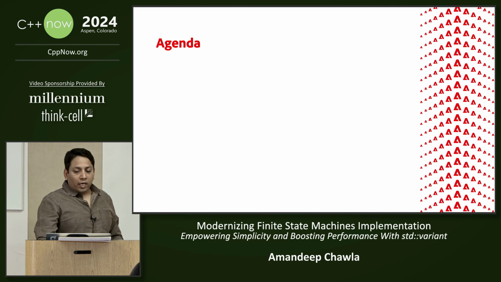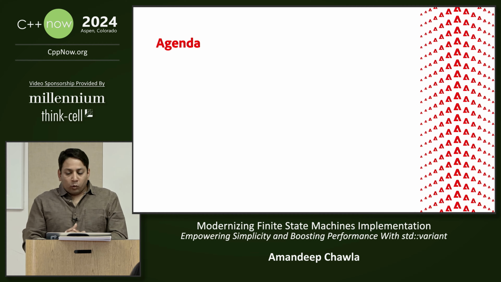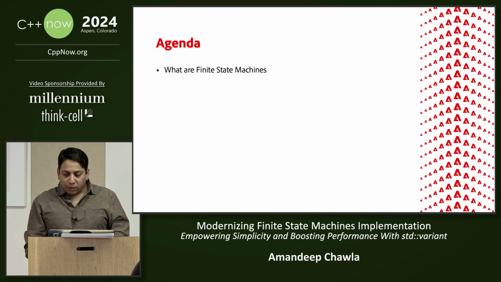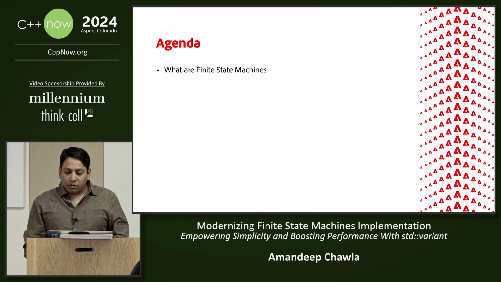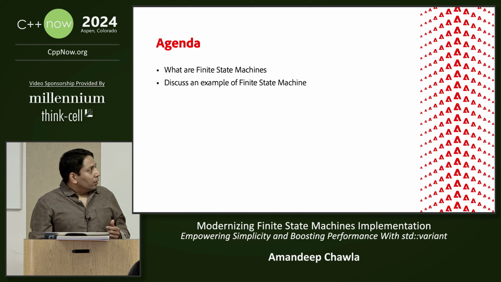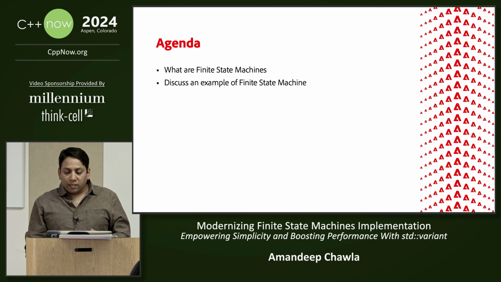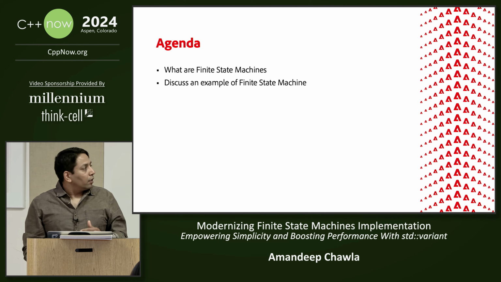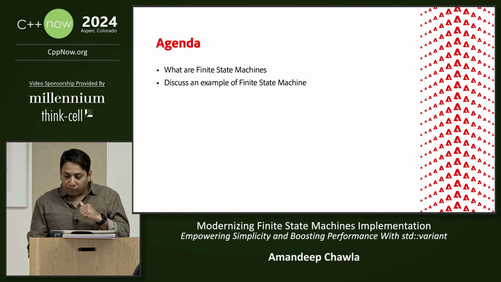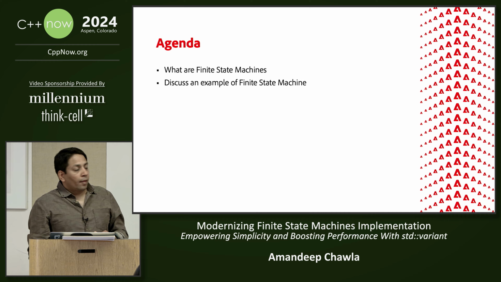So the agenda. Today we will be exploring finite state machines in depth, covering the following key areas. Brief understanding of finite state machines. We will start with what FSMs are and how they function. We will discuss an example of a finite state machine. We will walk through a practical yet fictional example to illustrate how FSMs work in a real world scenario.